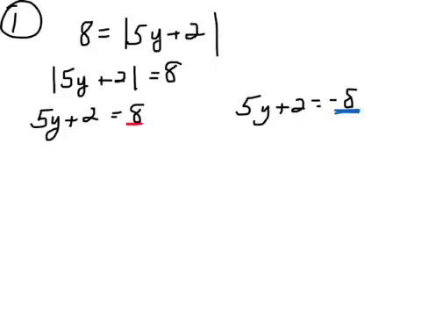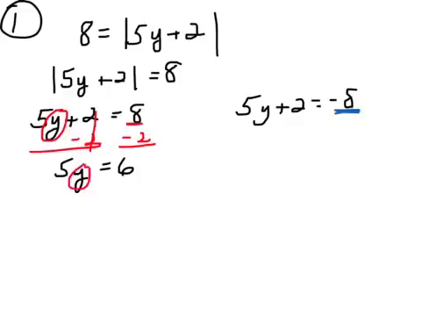We can't assume everything is always plus or minus the same number when we solve. To get y by itself here, I subtract 2 from both sides and get 5y equals 6. Then I divide both sides by 5, and I get y equal to 6/5.